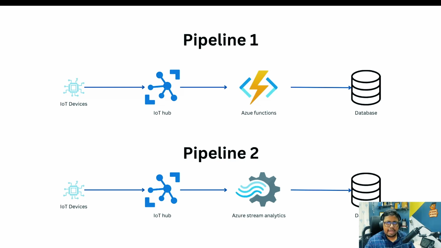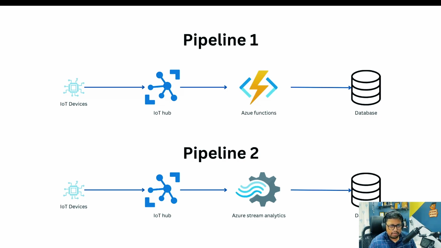Once the data has been sent to the IoT Hub, then the actual part begins. You have two options out there. Either you can use Azure Functions, which will simply listen to IoT Hub and then execute whenever there is an incoming event, or you can have Azure Stream Analytics, which is an analytical toolkit provided by Microsoft Azure, and it can also listen to IoT Hub and process incoming messages.